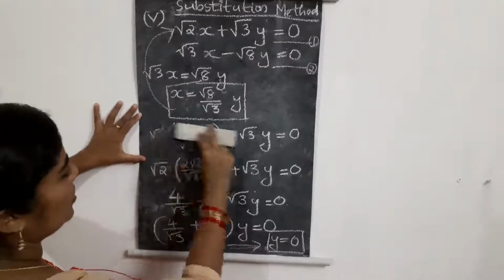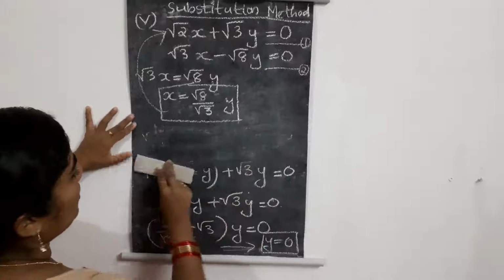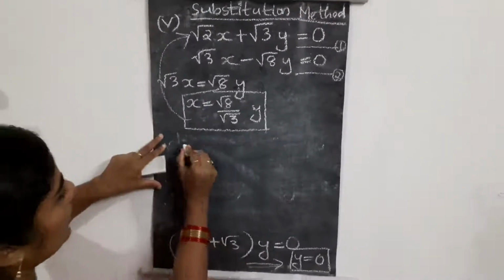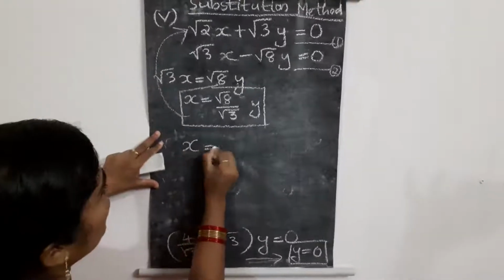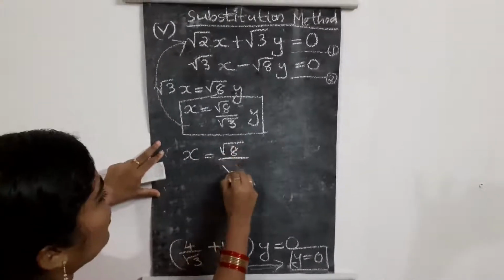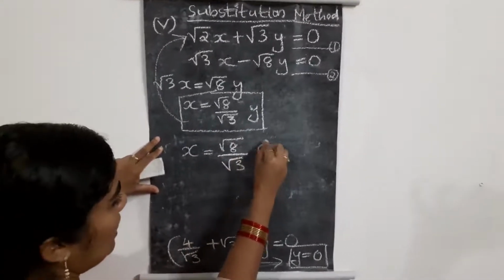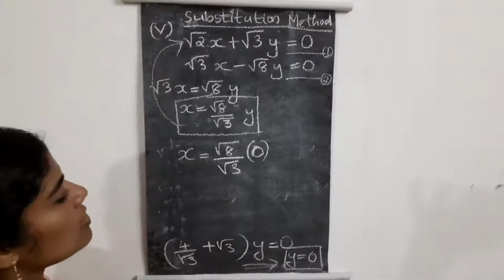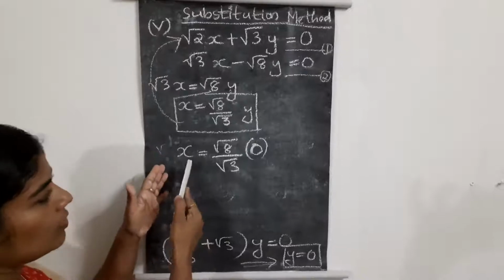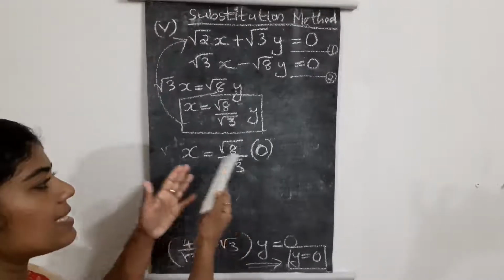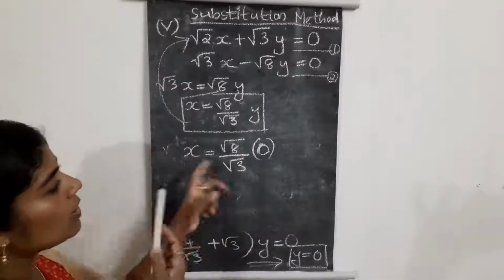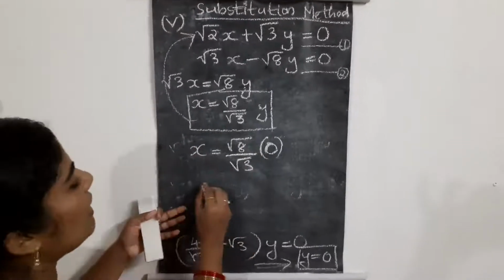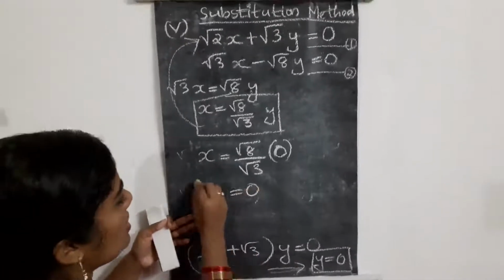So let's substitute this value y equal to 0 here. x equal to root 8 by root 3, where y's value is 0. When y is 0, x is also 0. How? 0 multiplied with root 8 by root 3 will be 0. So the value of x also you got 0.